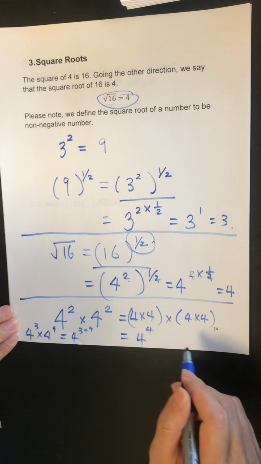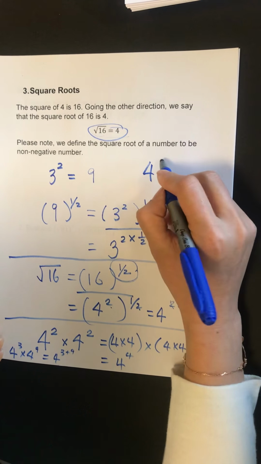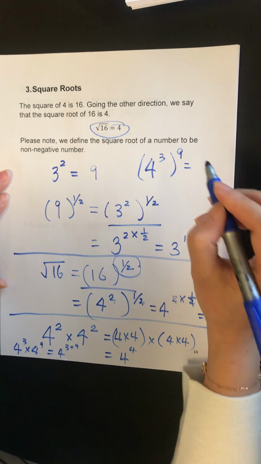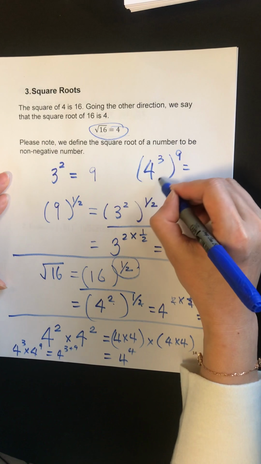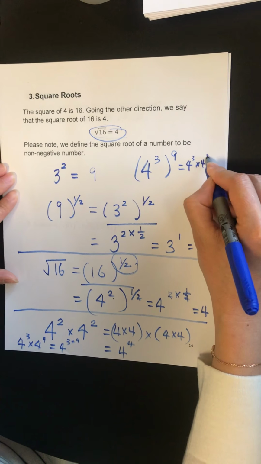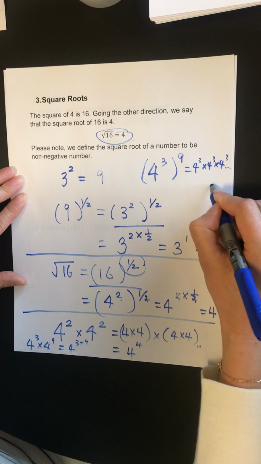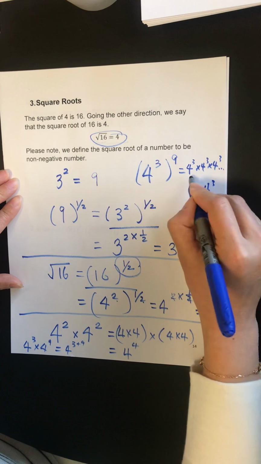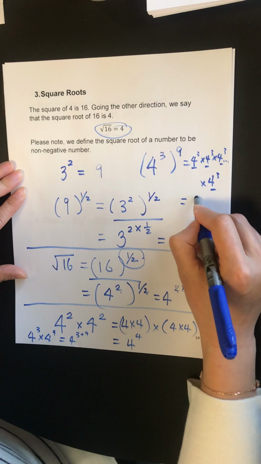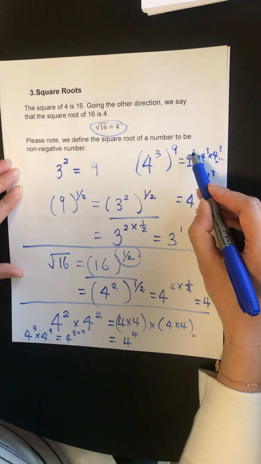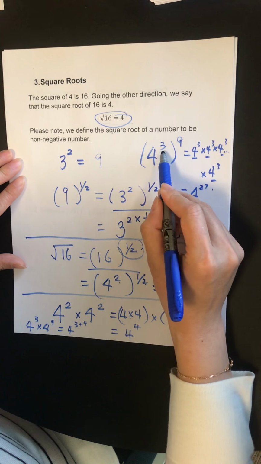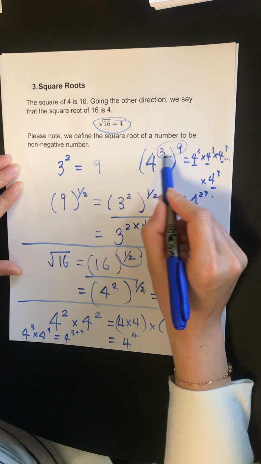But on the other hand, if we have 4 to the power of 3, exponent of 9, this would be 9 of what's inside multiplying together. 4 to the 3 multiply 4 to the 3, all the way, 9 of these. Okay, then we're collecting them. It's 4 to the, there are 9 of the 3s, right? So that's a 27. So as if you do multiplication of this form.